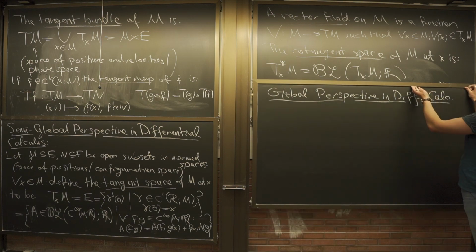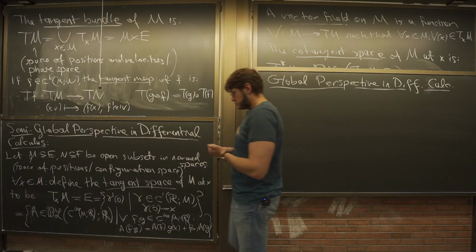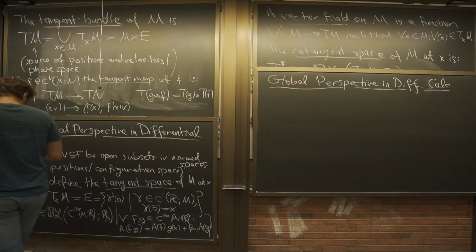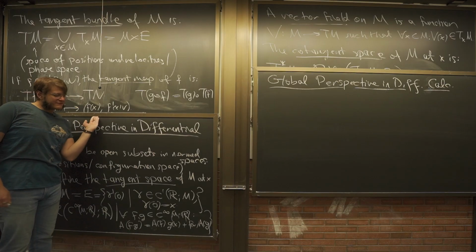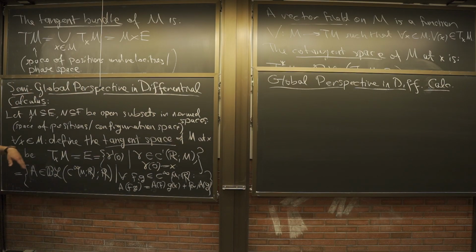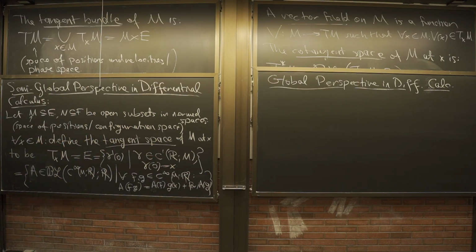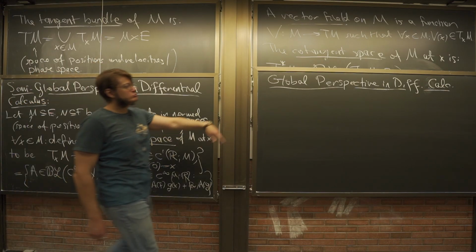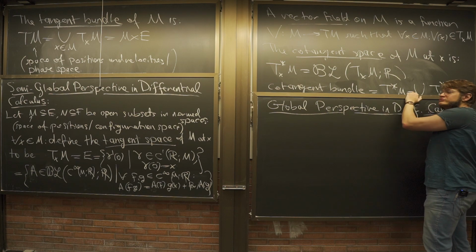Now, global perspective. Ultimately, if I can come up with a set M on which I can talk about differentiable things, I should be able to define the tangent space, tangent bundle, what is called the dual space, T star, and then the cotangent bundle.